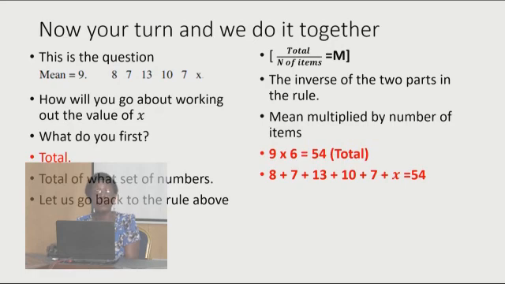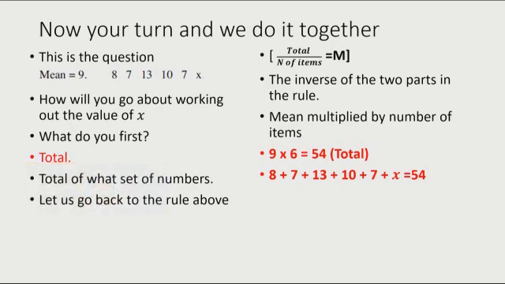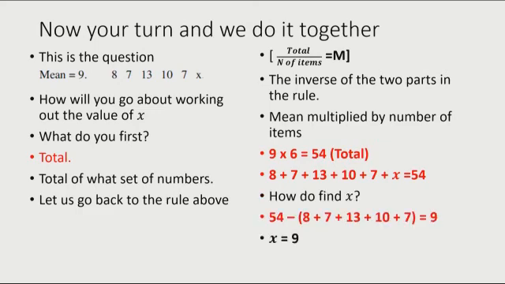The first thing was the total, adding them up. So what we'll do last to get the answer is the takeaway. So 54 take away the 5 numbers given: 8, add 7, add 13, add 10, add 7. You subtract that answer from 54. Answer is 9. Well done if you've got that.